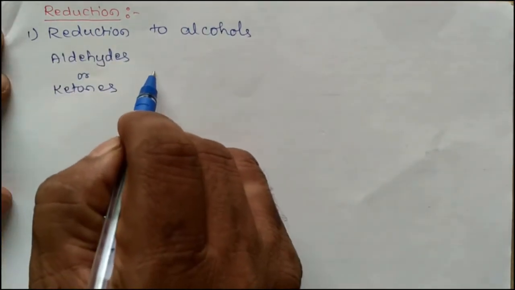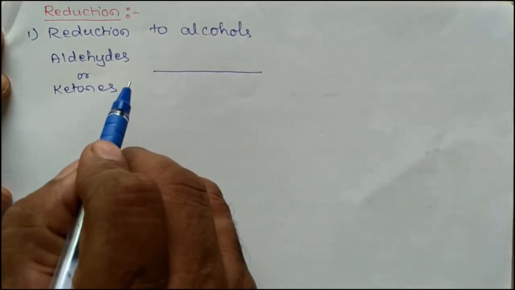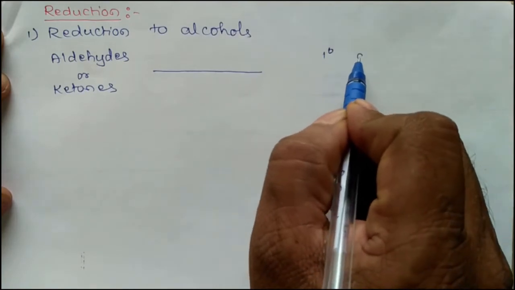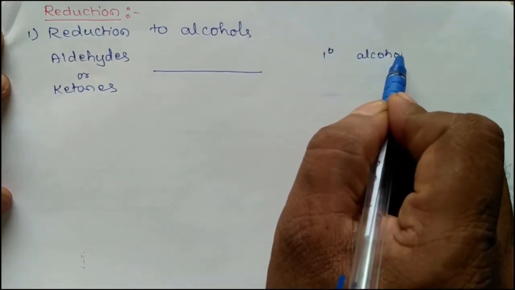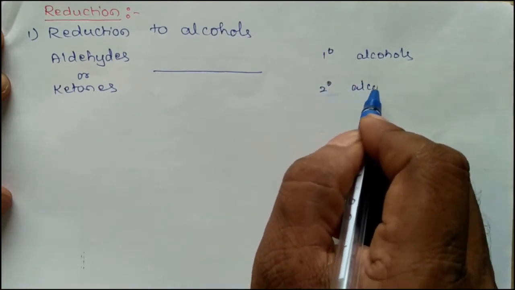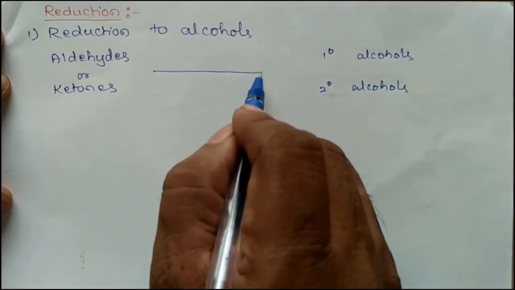Aldehydes are reduced to primary alcohols, ketones are reduced to secondary alcohols.